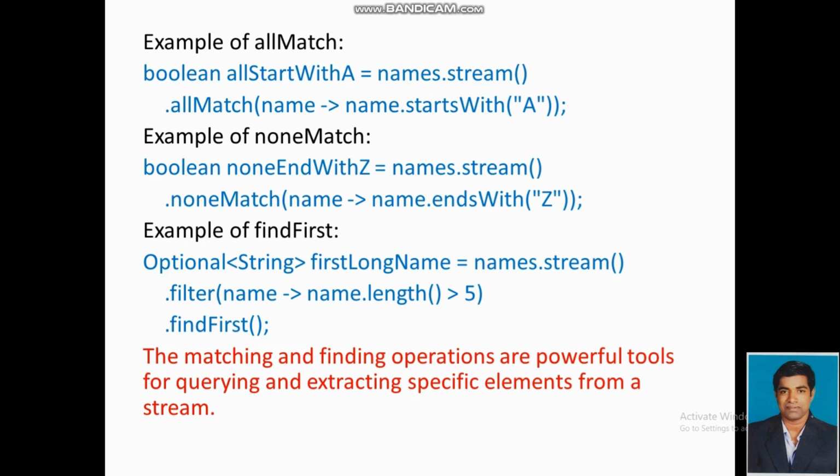For example, find match: Optional of String firstLongName equals names.stream().filter(name -> name.length() > 5).findFirst().